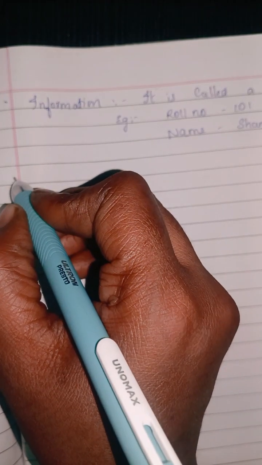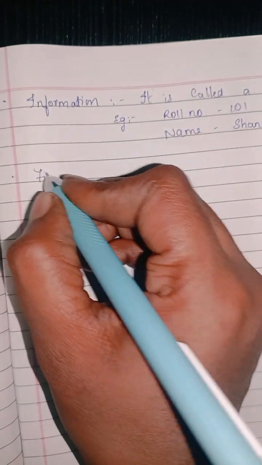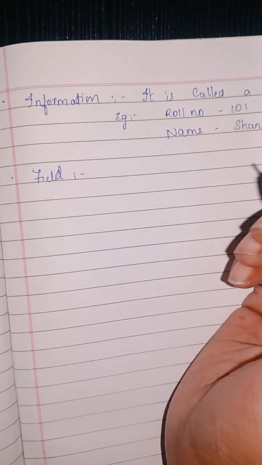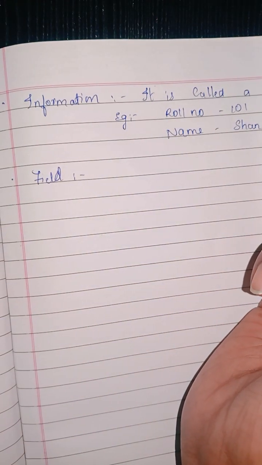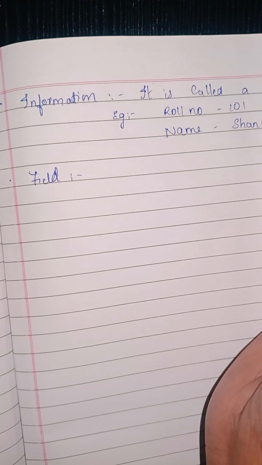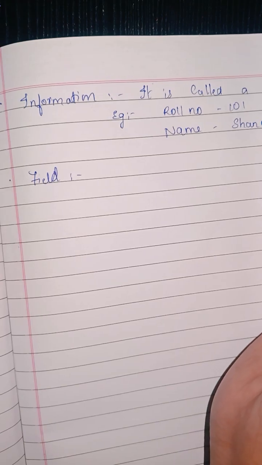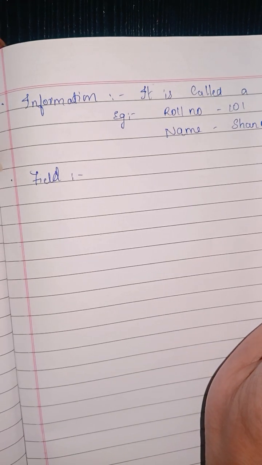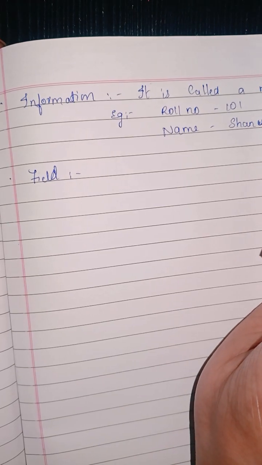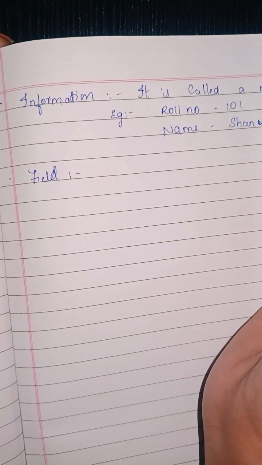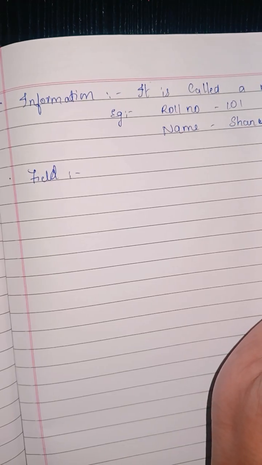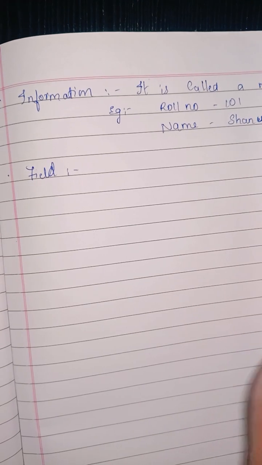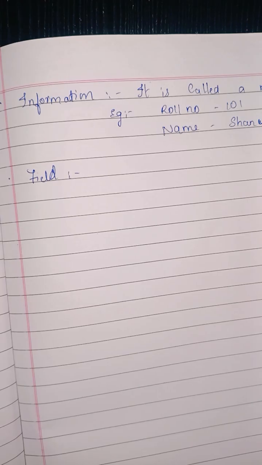Next we move on with the field. Field is nothing but the single elementary unit of information that represents an attribute of an entity. It is the column of any table. For example, for a student entity, I would have different fields like name, roll number, date of birth, and so on.